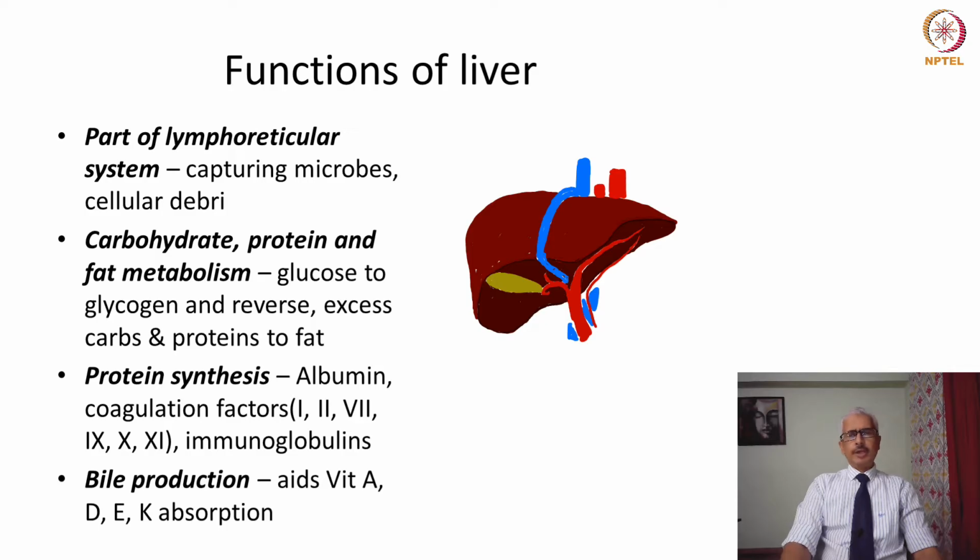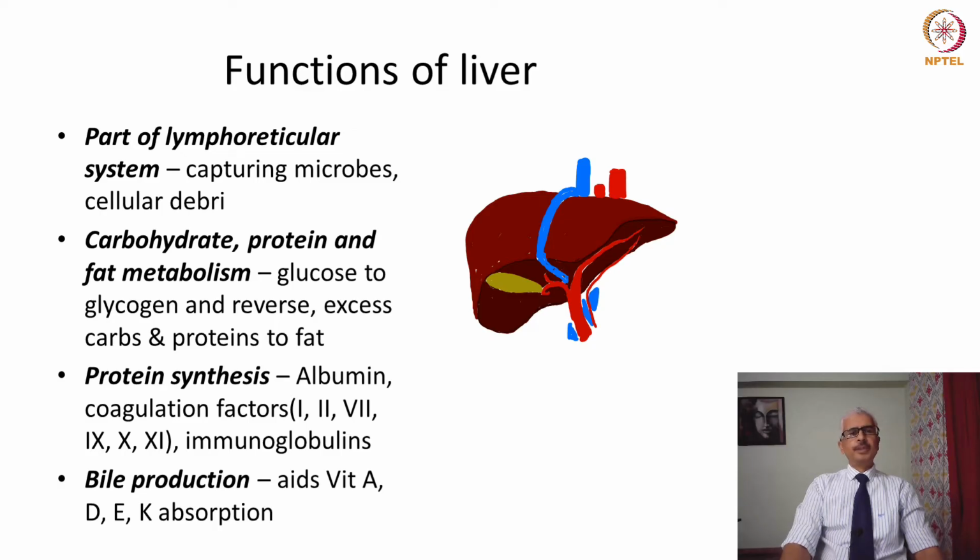Since we have seen in the definition of CLD that it is the loss of function, let us look at some of the important functions of liver. Liver has a very important protective role. It is a part of the lymphoreticular system. It helps by capturing microbes and cellular debris.